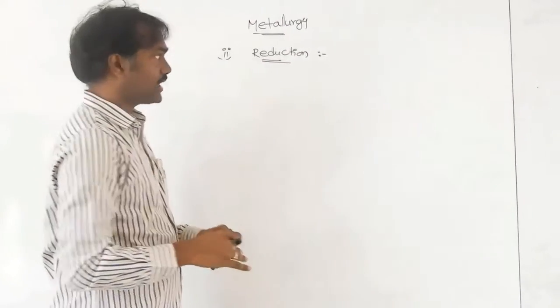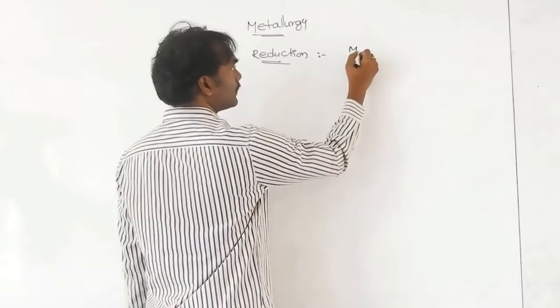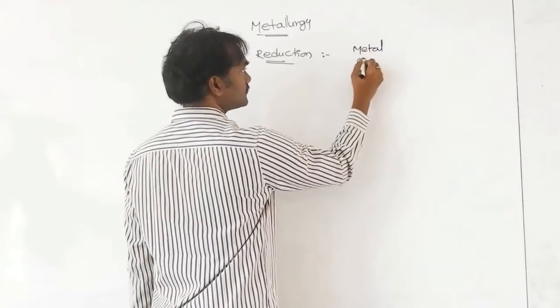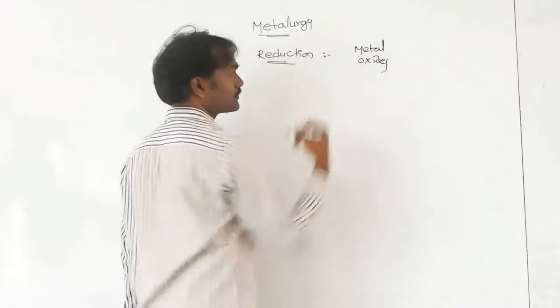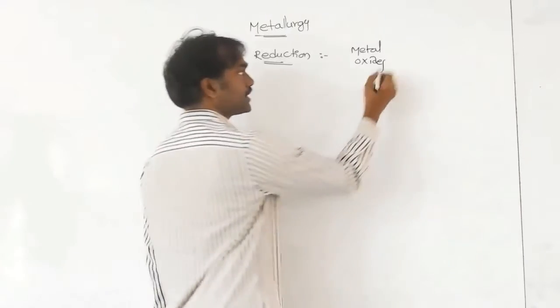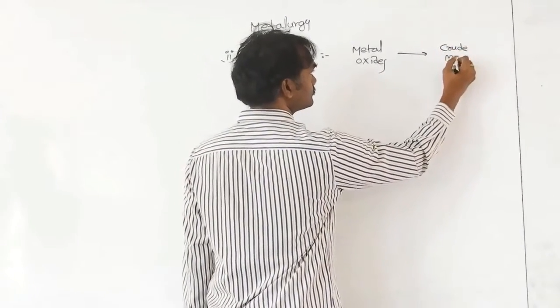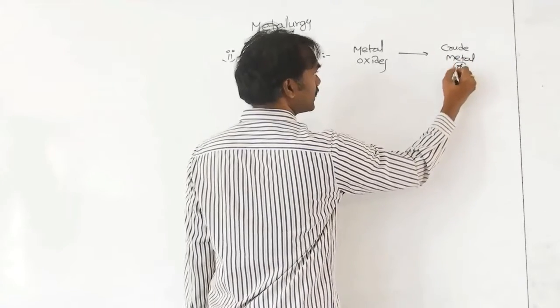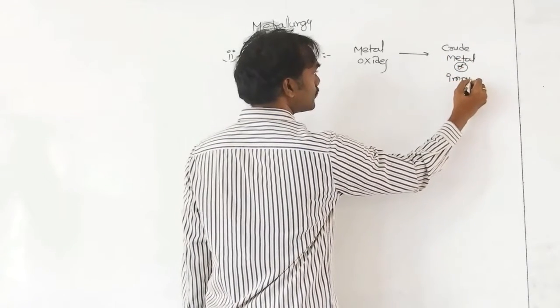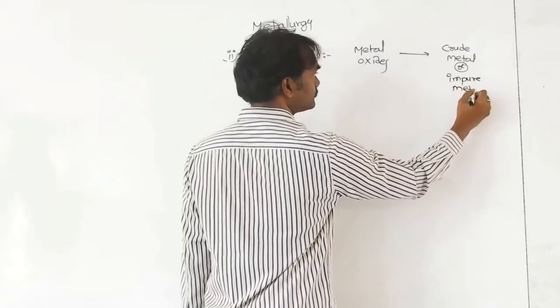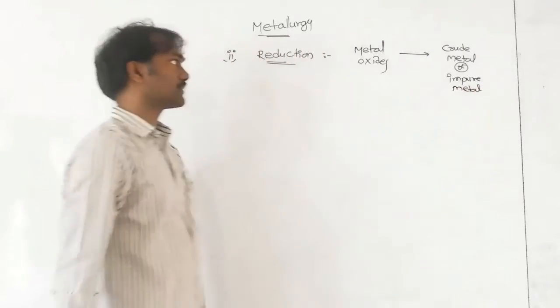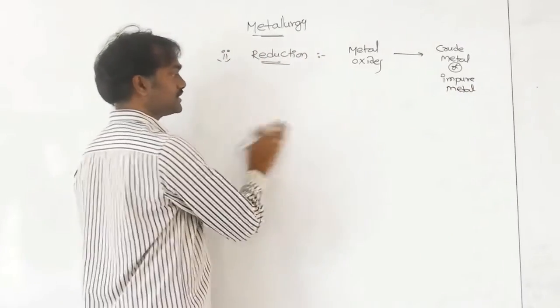So in reduction what happens? Metal oxides become crude metal, otherwise impure metal. That is the main concept.